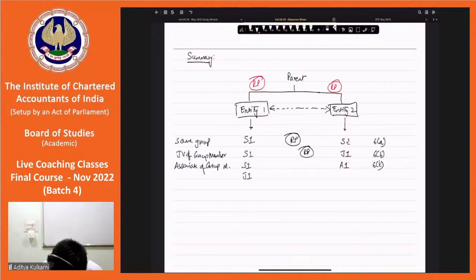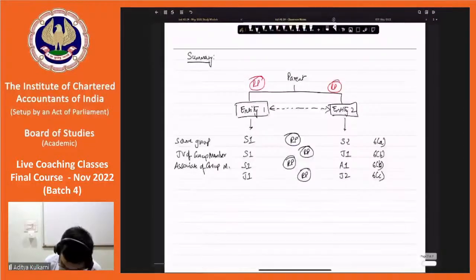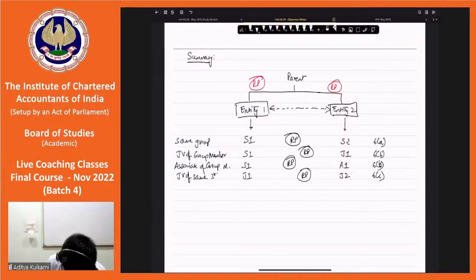This is 6B, not C. Next is J1, J2. J1 and J2 are related parties by virtue of clause C. Both are joint ventures of the same third party. JV of same third party.